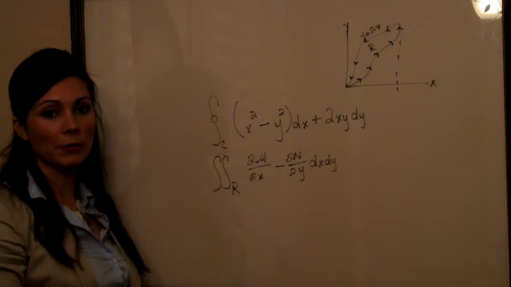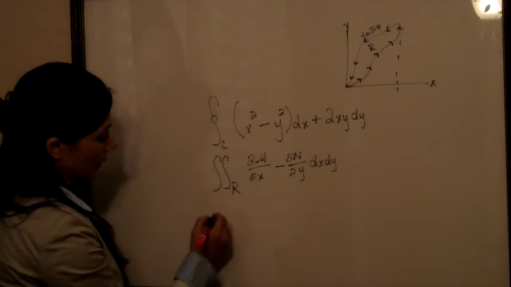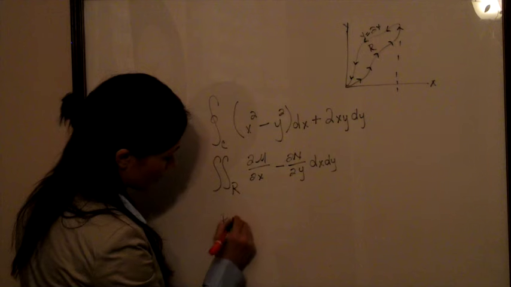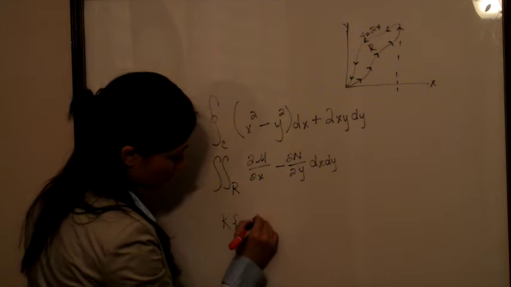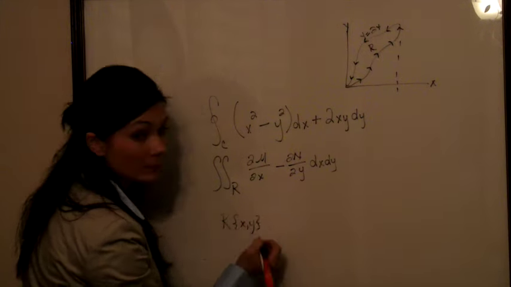So the curve on the boundary for our region R, x, y. Our x is going to be 0 less than or equal to x, which is less than or equal to 1.